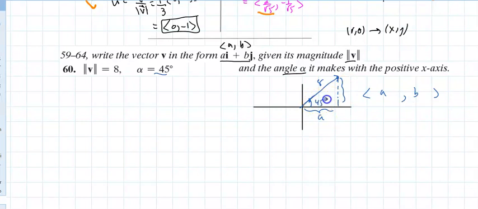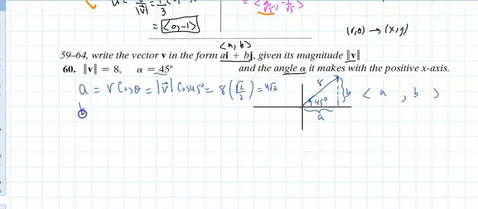This is 45 degrees and this is B. Wouldn't that mean the A component is actually R times the cosine of theta, loosely speaking, or the magnitude of V times the cosine of 45 degrees? That is 8. And what's the cosine of 45 degrees? Radical 2 over 2. So this is 4 radical 2.